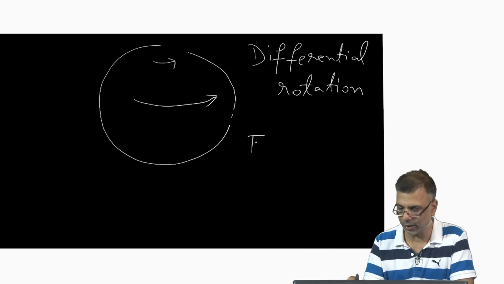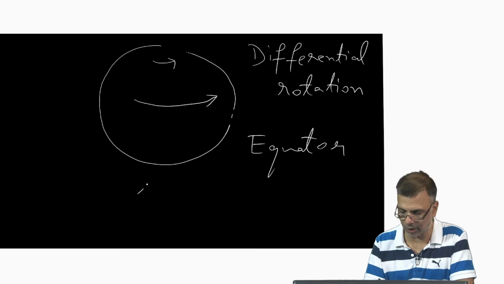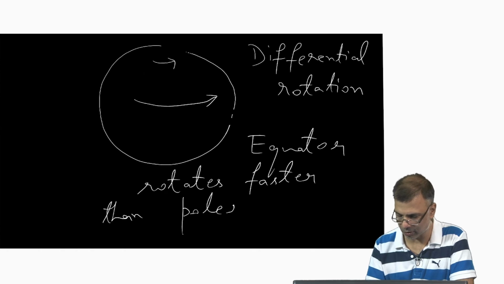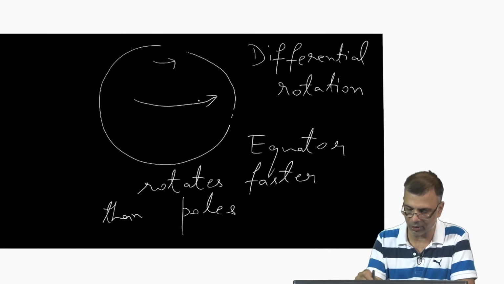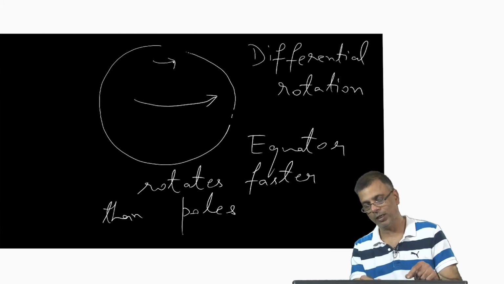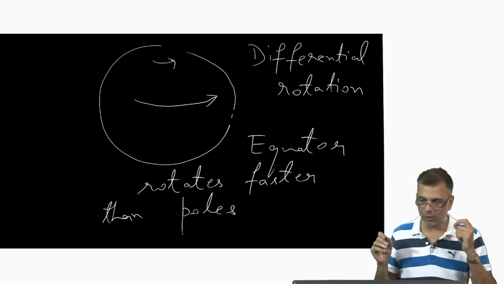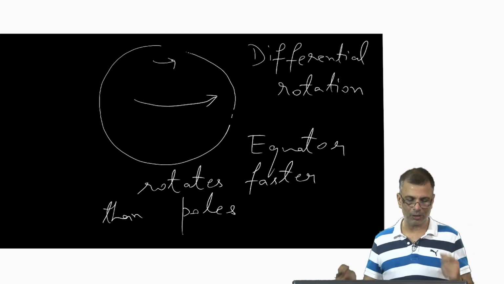So this would be a sketch of the phi-directed velocity vector at the equator, and that would be a sketch of the phi-directed velocity field near the pole. So this is longer than that.